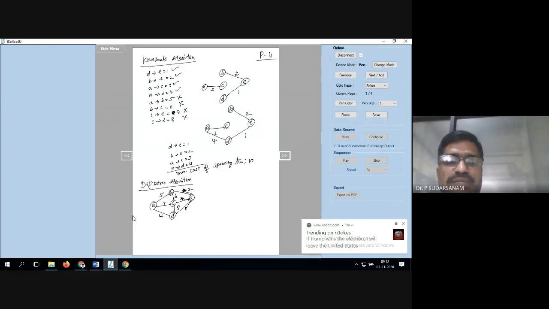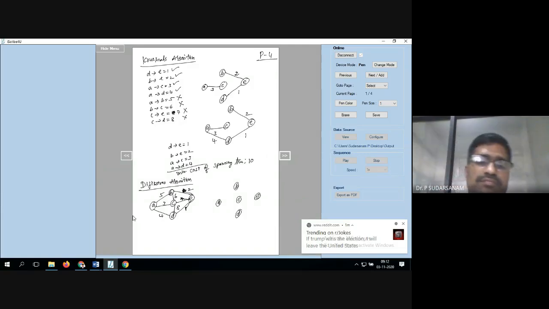So now what will happen is Dijkstra's algorithm is nothing but we have to find out A to B, which is the minimum. So now directly I'll write the answers. In this case, A to B, first you have to find out which is the minimum.